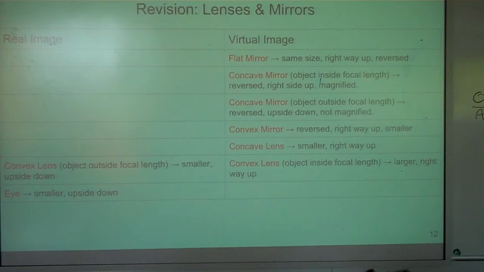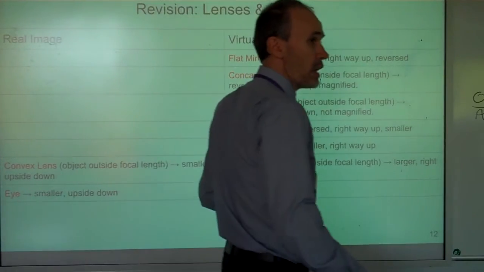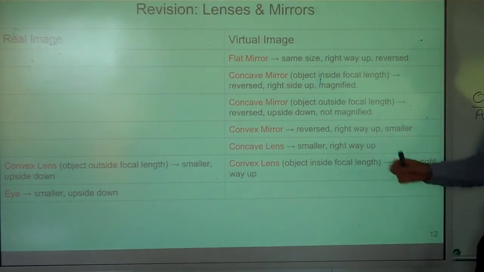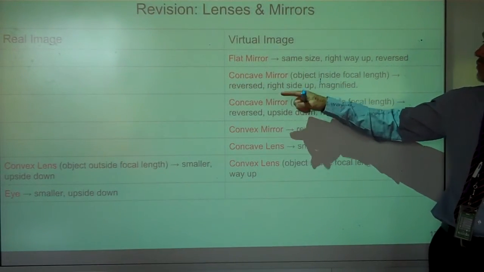Now, there we go. This is your cram card. So this is everything covered except for the eye, but we'll get to that. And the key information is there. These are all the cases where you get a virtual image. Flat mirrors, virtual image.